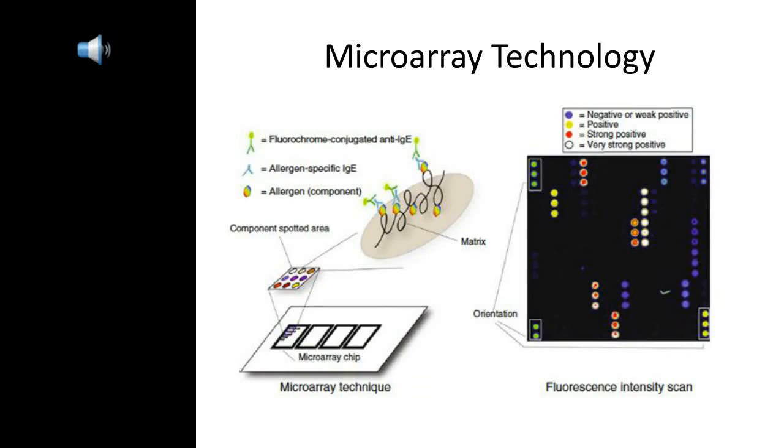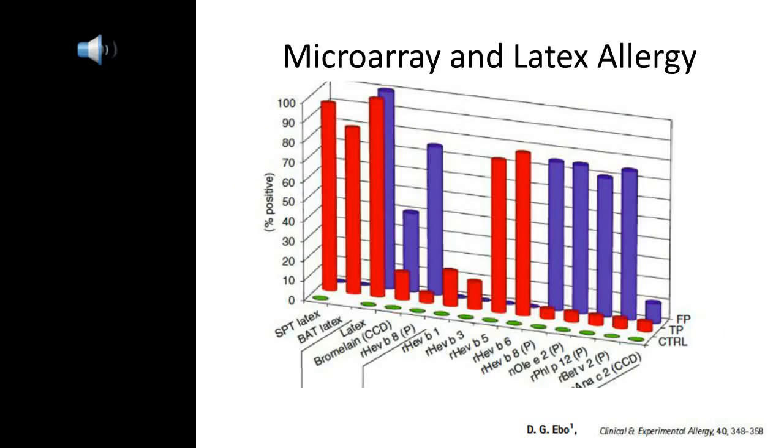Okay, now I'll very briefly look at microarray technology, and as you know, this is where you have a lot of different allergens on a chip. It feeds on from component-resolved diagnostics in that each component is on a little chip, so you get hundreds and hundreds of different allergens.